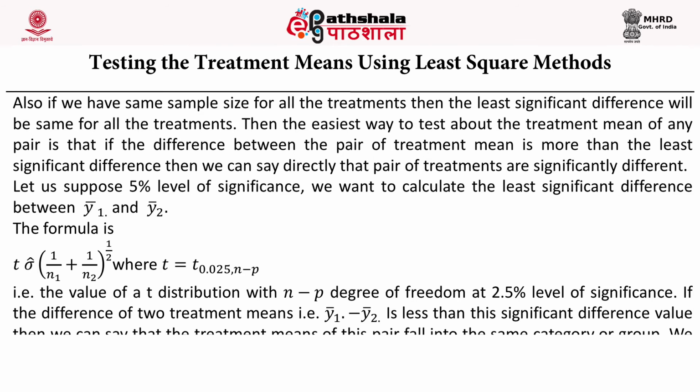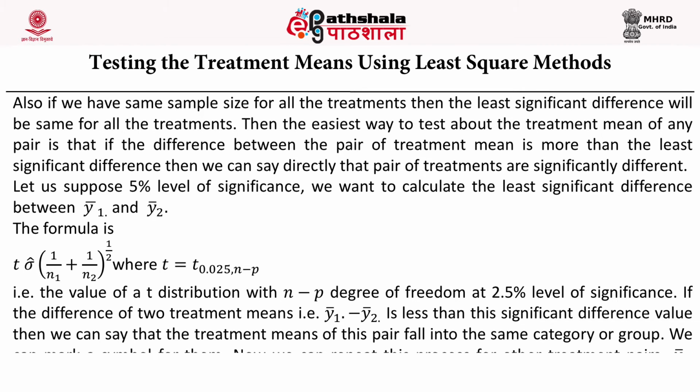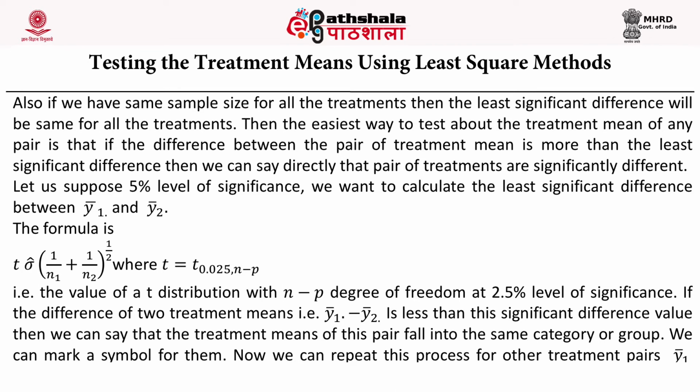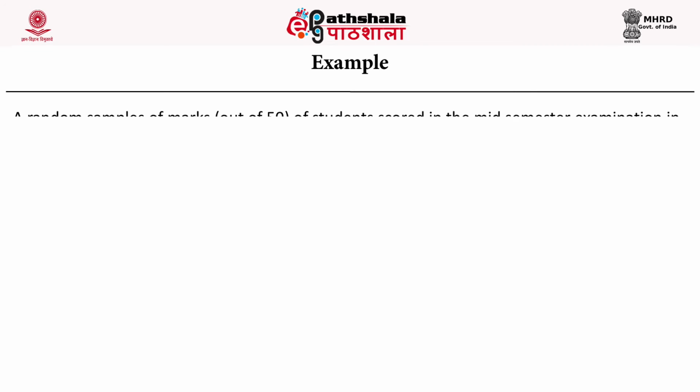If the difference of two treatment means, y1 dot bar minus y2 dot bar, is less than the least significant difference value, then we can say that the treatment means of this pair fall into the same category or group. We can make a symbol for them. We can repeat this process for other treatment pairs, for y1 dot bar and y3 dot bar and so on.